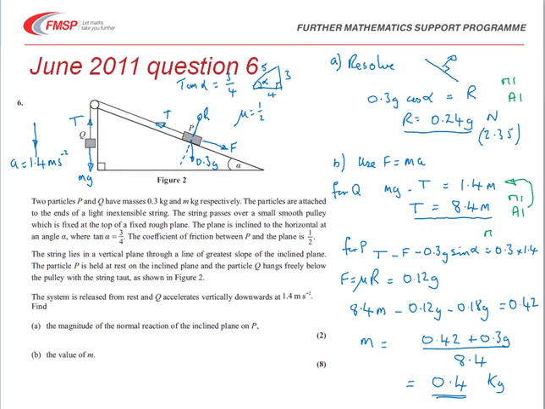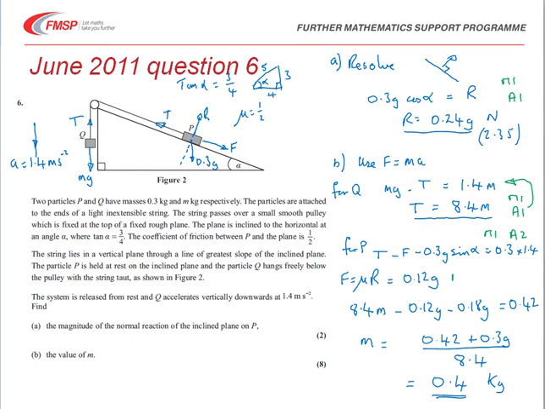A method mark for using the equation F equals MA for P, and 2 accuracy marks applied there. You would either get 0, 1 or 2 depending on how correct your equation was.